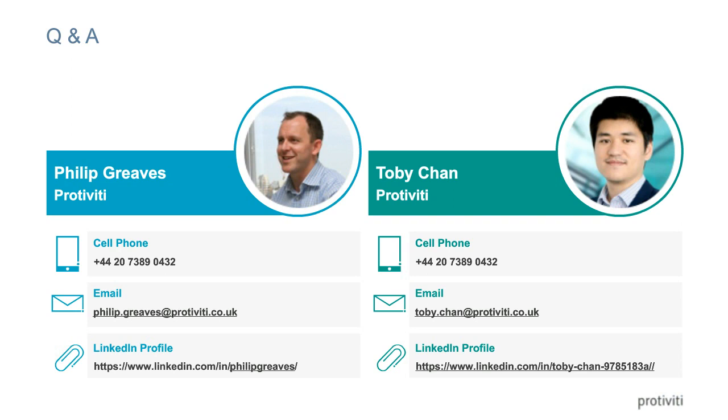So operational resilience, for those on the webinar who are not within financial services, just in terms of level setting, the regulators are pushing very hard in terms of operational resilience.